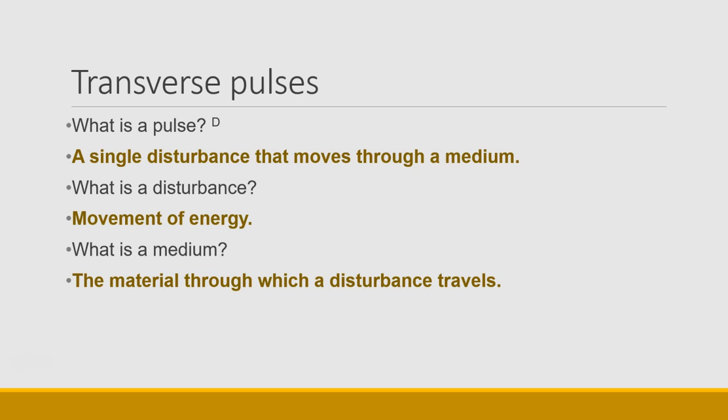Each domino would represent a particle in the medium. And when you flick the first domino, you start off that chain reaction of the disturbance. So you transfer energy from your arm to the domino. Now that domino falls and it hits the next domino, which then falls, and so on. So this chain reaction represents how a pulse moves through a medium.